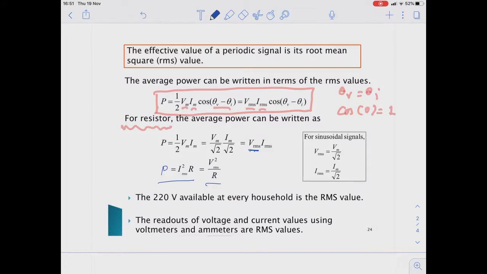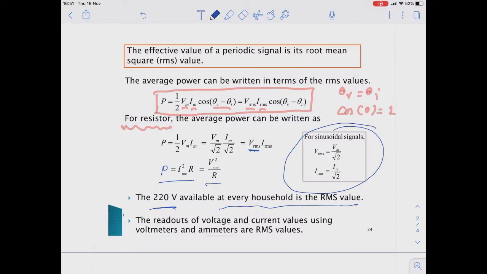So V RMS is equal to Vm divided by square root 2 and I RMS equal to Im divided by square root 2, and our household value is the RMS value, 220 volts.